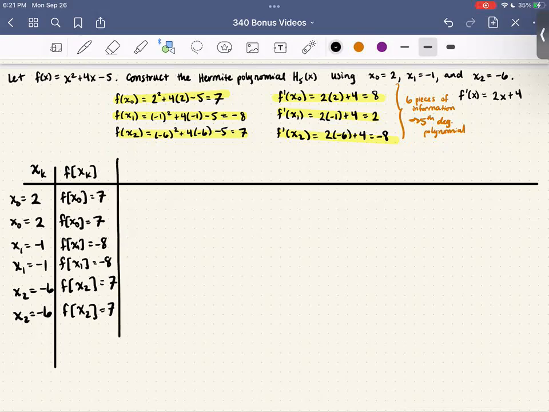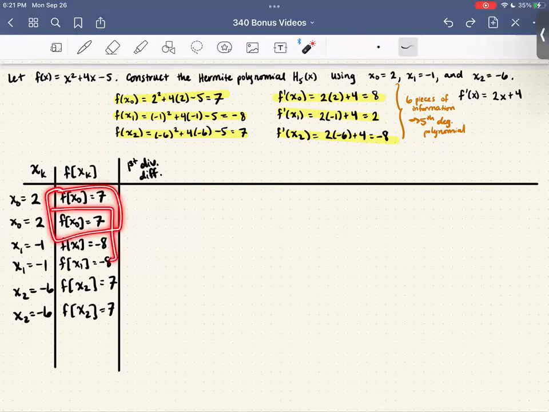Then I go on to my next column, which is going to be the first divided differences. I'm just going to abbreviate it so I have enough room. And these are going to use the pairs of divided differences in the previous column.